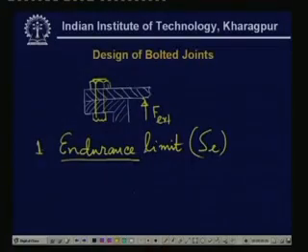Then there may be a factor due to the surface finish of this component. So the surface factor is there, and the temperature factor is there. All these things must be taken into account, and this endurance limit must be corrected. So what we need is a corrected endurance limit. For bolts, there are various specific corrected endurance limits for different kinds of bolts of different sizes. They are standard, so we know this endurance limit.